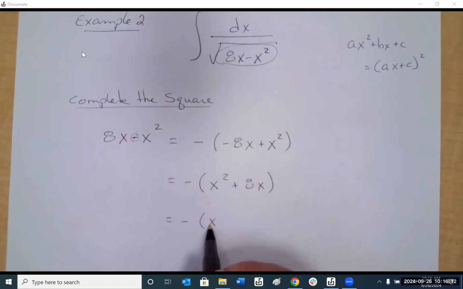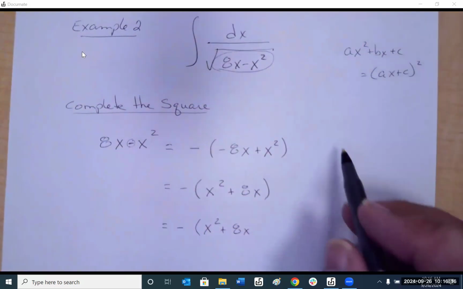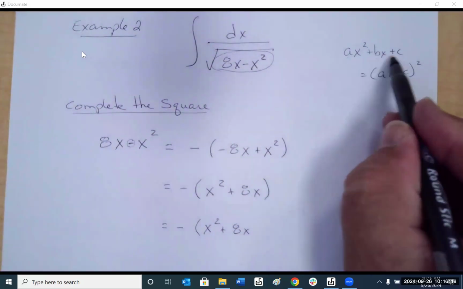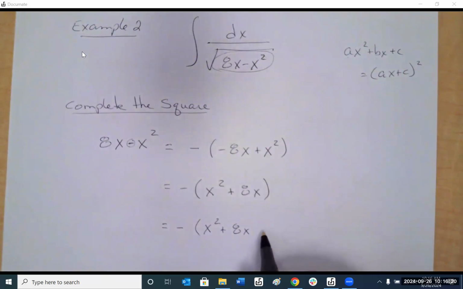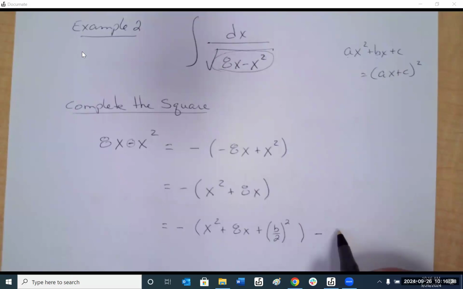Now, completing the square, remember, our quadratic equation is ax squared plus bx plus c. What you have to do now is take b over 2 squared. And since we add it on the inside to complete it, we have to subtract it on the outside.